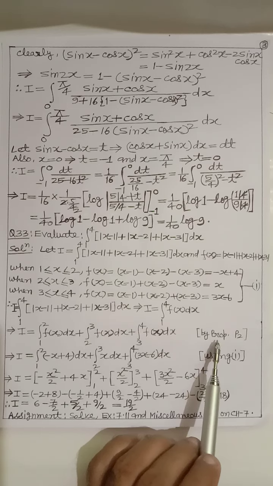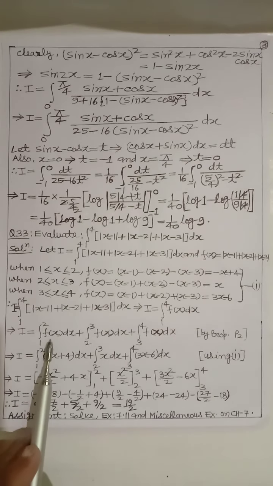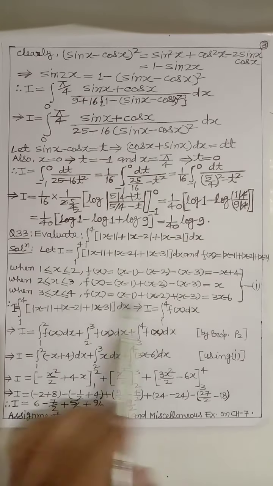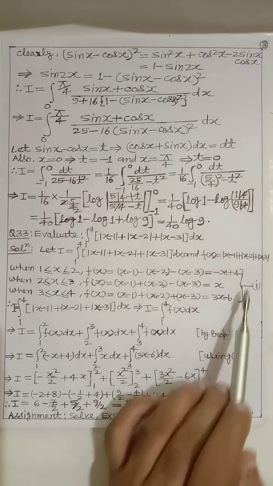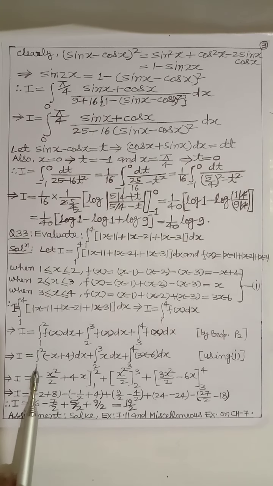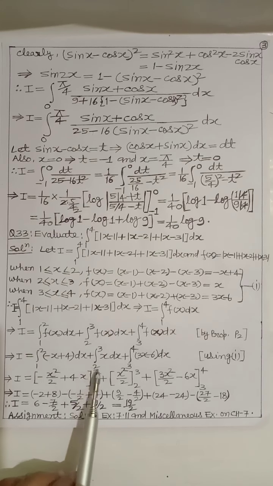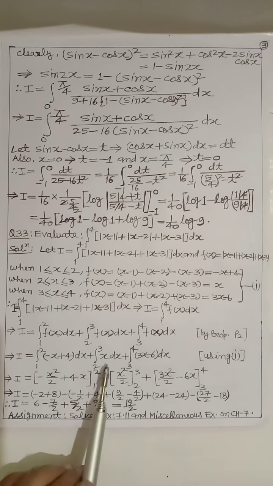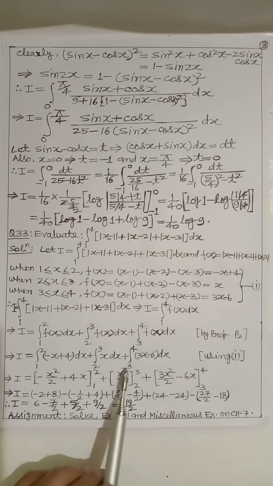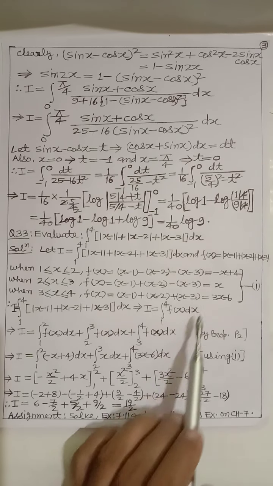By using property P2, we put the value of the function: from 1 to 2 minus x plus 4, plus the integration from 2 to 3 of x dx plus the integration from 3 to 4 of 3x minus 6 dx.